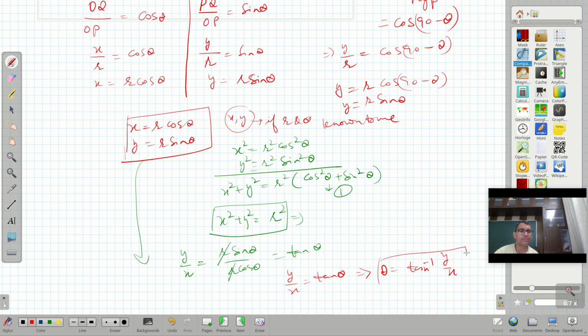So that means if y and x are known to me, then I can calculate r and theta using these two relations. Or I can also write down that r is equal to the square root of x square plus y square, in this way, right? So this is how this can be calculated.